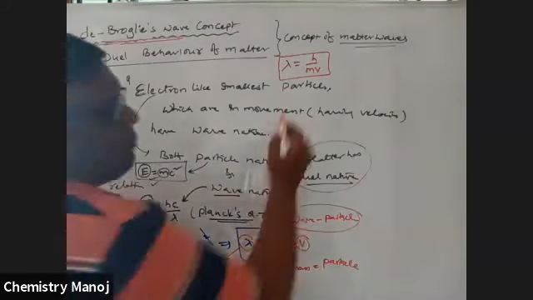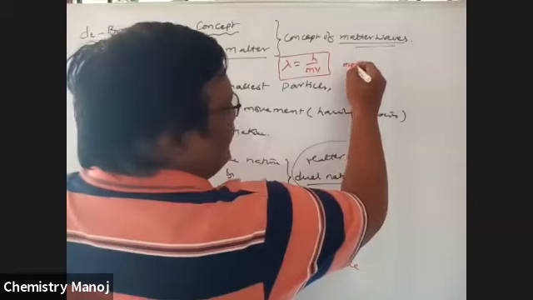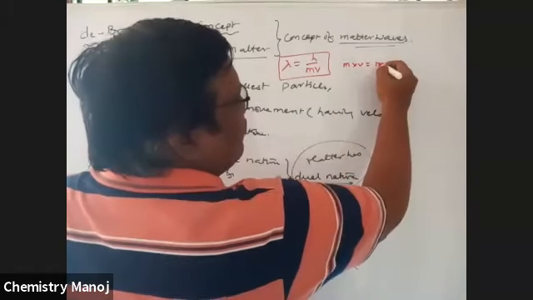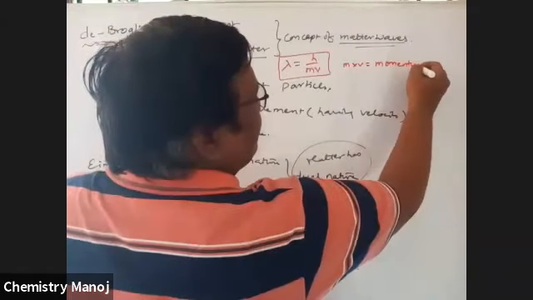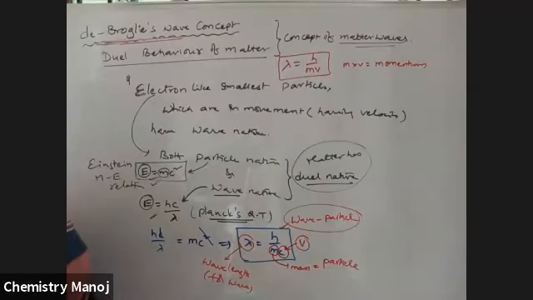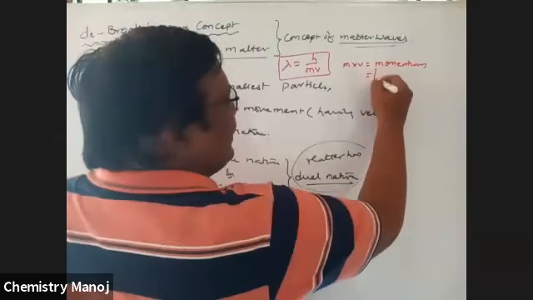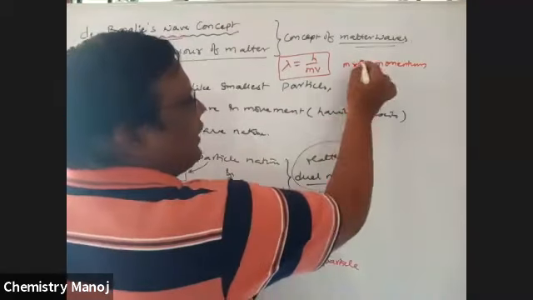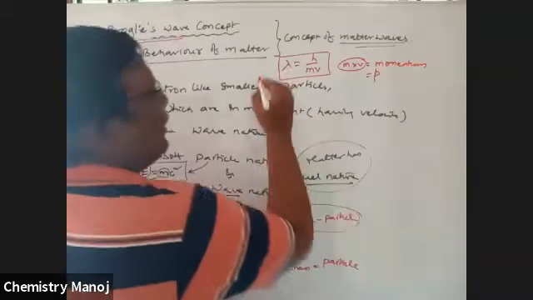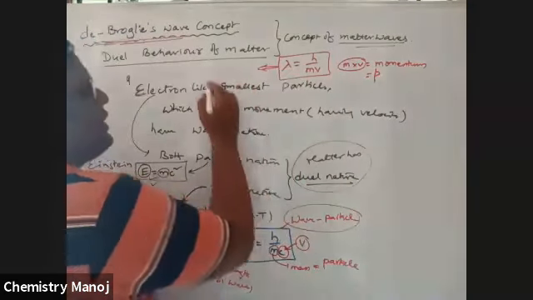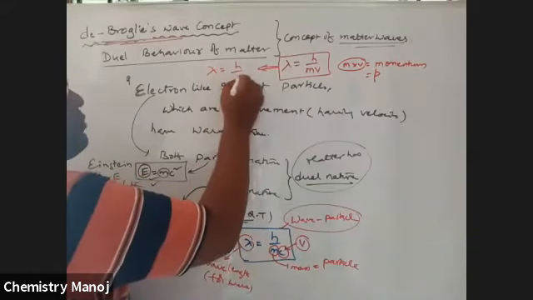Already we know that mass into velocity is equal to momentum. Momentum is indicated with the letter small p. So mass into velocity is equal to p. Now this equation is rewritten as lambda is equal to h by p.